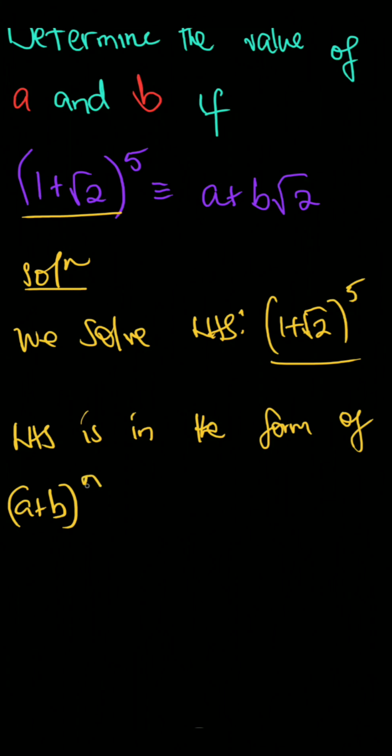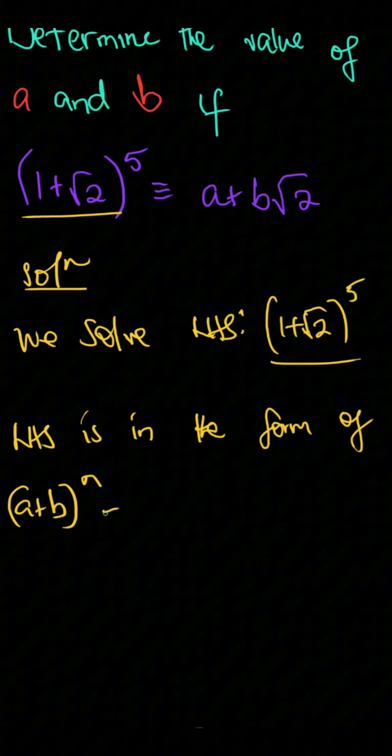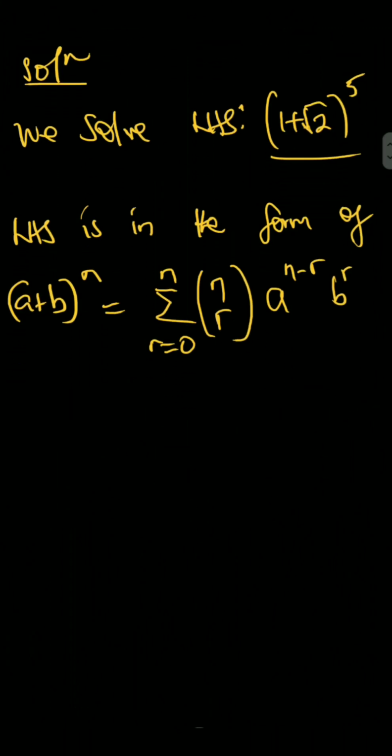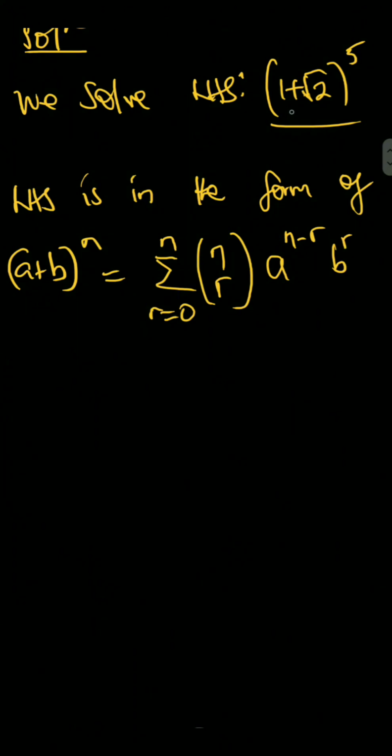To solve this binomial, you take the sum of r values from 0 going up to n of a combination of n and r multiplied by a to the power n minus r, then b to the power r. Now what you have on the left is not algebraic, but since we're solving for a and b, we're going to just make an improvisation.